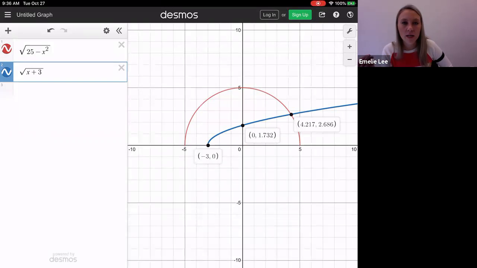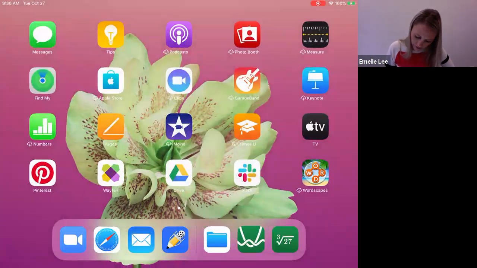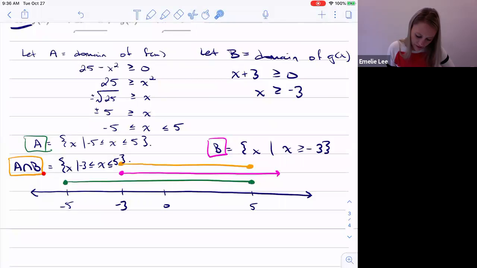So we've done it right, and we can confirm using Desmos. So that's good. The overlap of these two is going to be from -3 up to +5 inclusive, right? All closed dots. If we had an open dot here, we'd have to reflect that in our overlap.